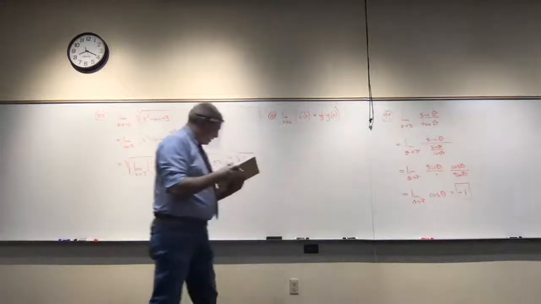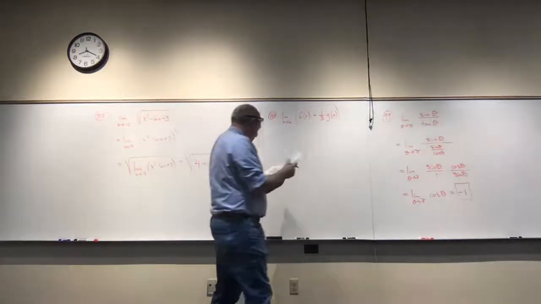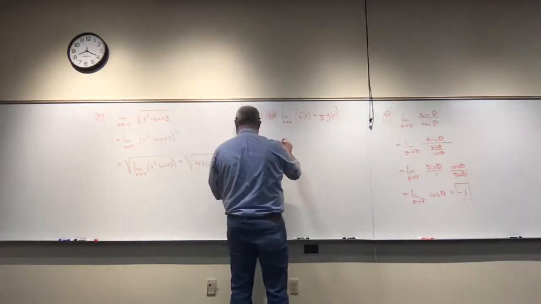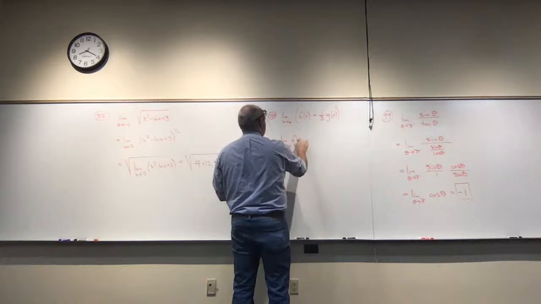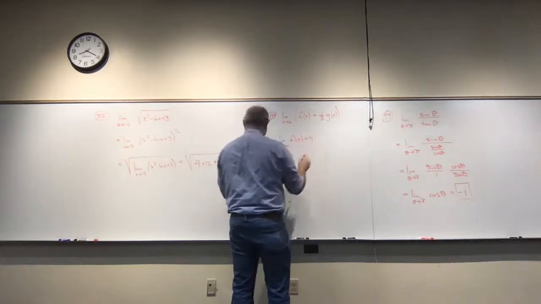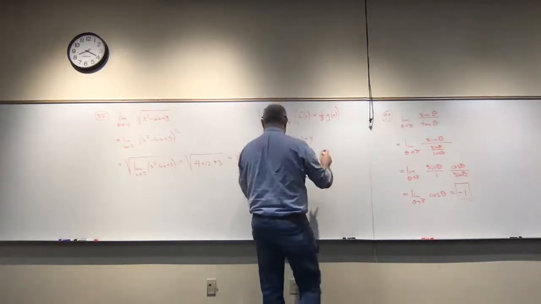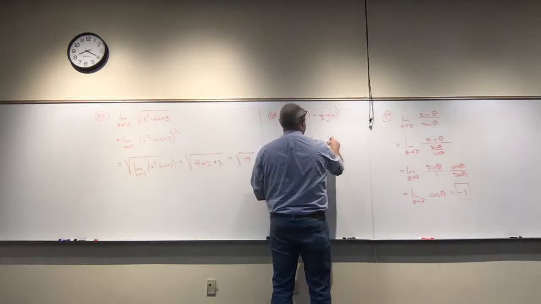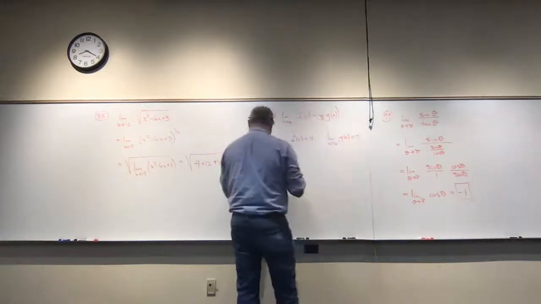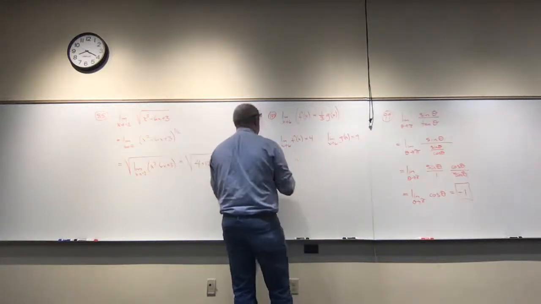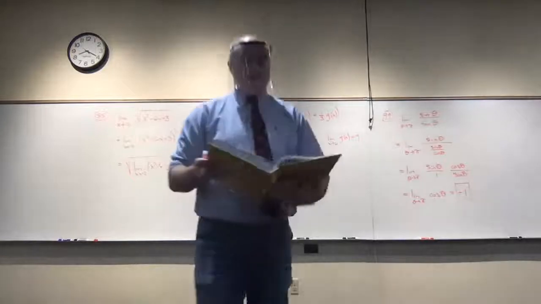Okay, so it says in the following exercises, assume that the limit as x goes to 6 of f of x is 4. We've got the limit as x goes to 6 of g of x is 9. And the limit, oh, I guess we don't need that one. Okay, so we've got this.